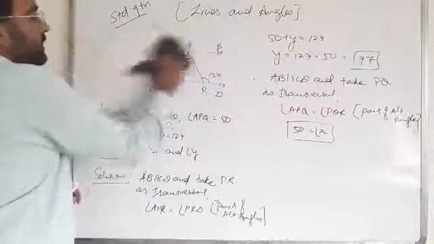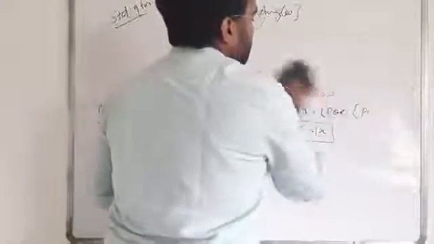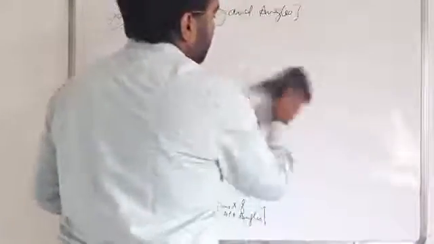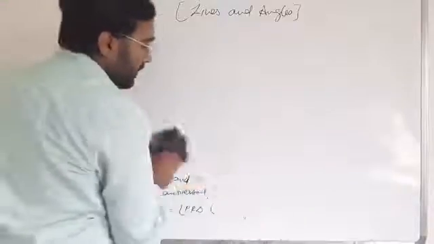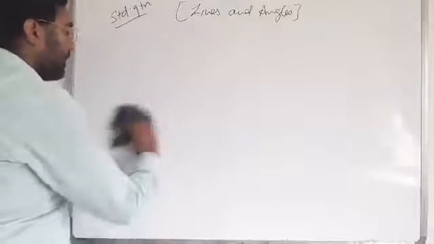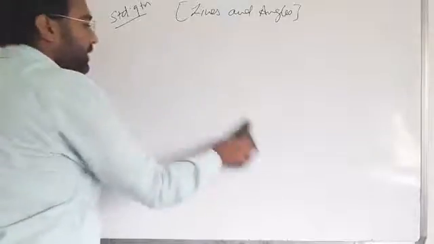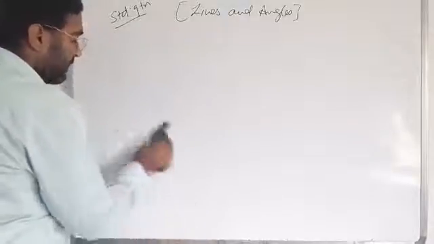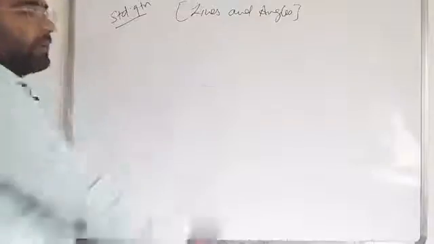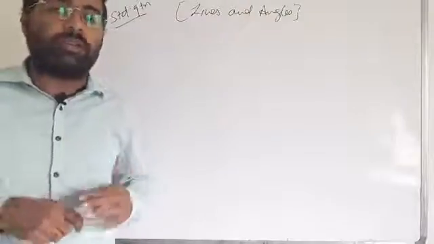Now we have to move to exercise 6.3. For exercise 6.3, first of all we have to see the concept of exercise 6.3. In this exercise there are all kinds of concepts that you have learned till now in chapter 6, plus one more concept, the angle sum property, which is also included in this exercise.